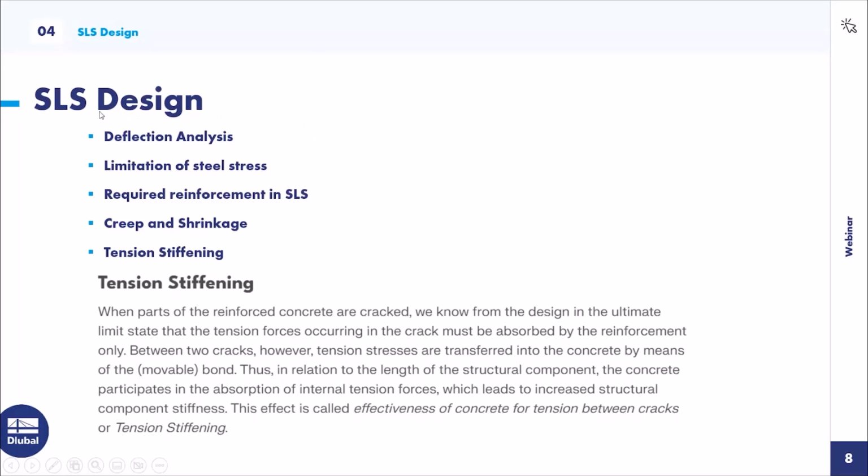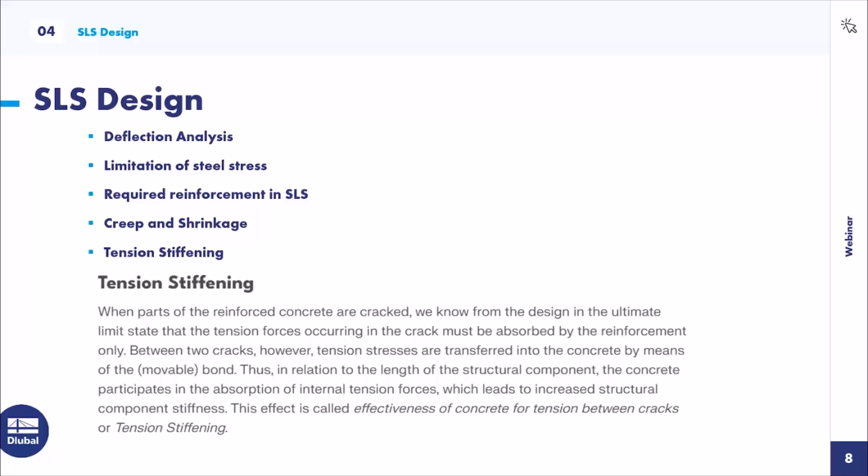We will look at the deflection analysis and limitation of steel stress, and you will see we are independent from the ULS design, so we can analyze and get required reinforcement only for SLS results.